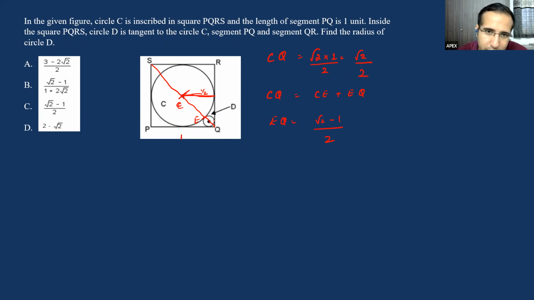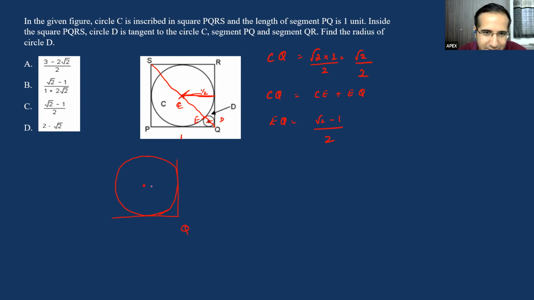Now, what is EQ? The center of the circle is D. So I'm just drawing this part for you. It's something like this, okay? So this is the corner called Q, and there is a circle like this. Ignore the circle, it turned out to be a decent circle.